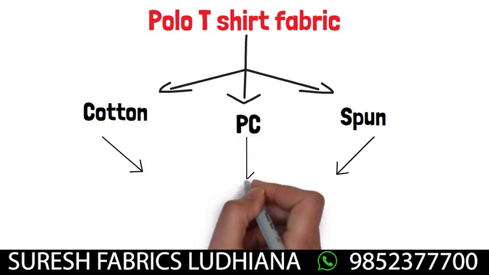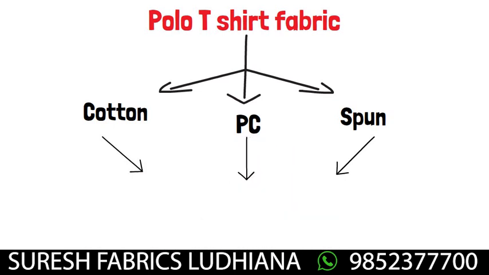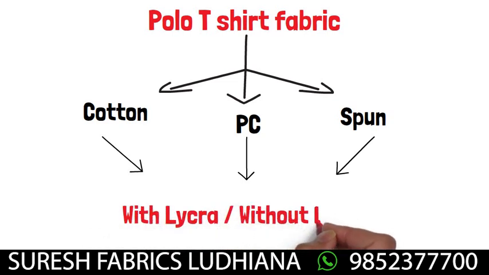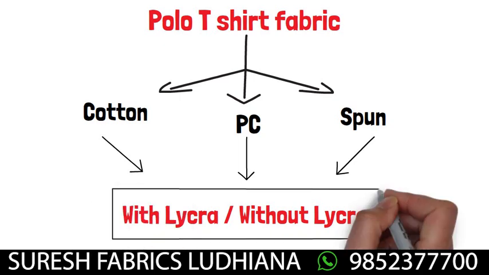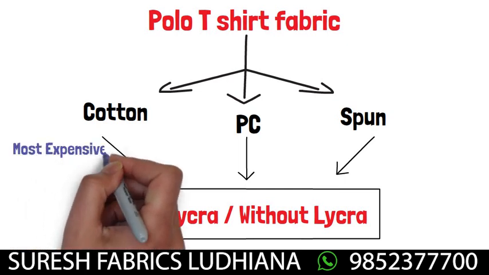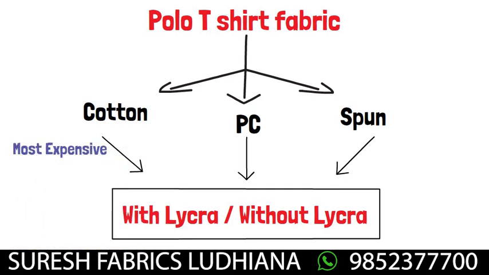Then again a flow chart of whether you want it with lycra or without lycra. A polo t-shirt fabric comes in three categories. The most expensive one is cotton, then PC, then spun. Within each, you want it with or without lycra, and again the lycra is generally 80 rupees more expensive than the non-lycra ones.